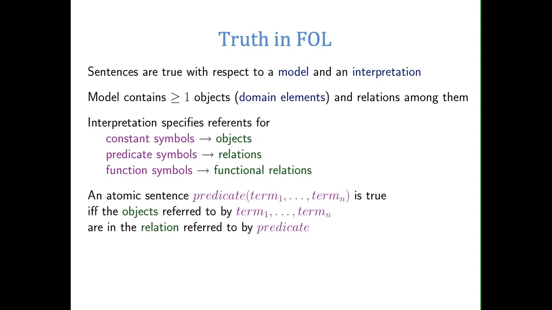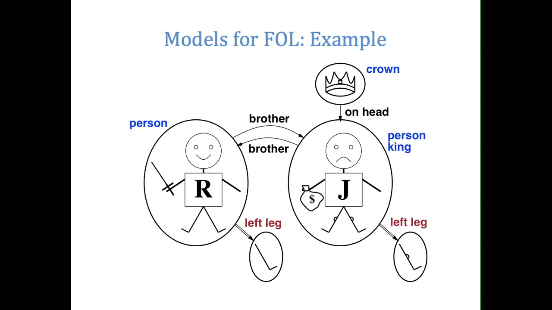So if you have an atomic sentence, some predicate with some n terms, it's true if and only if the objects referred to by their respective terms are in fact in the relation referred to by the predicate. In Prolog, this notion of truth is relatively easy in the sense that if, for instance, a relation is defined as a fact, it'll return true, or we can prove it and it'll return true, we hope.